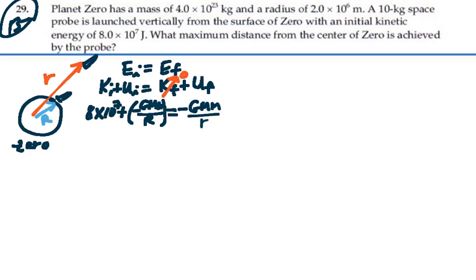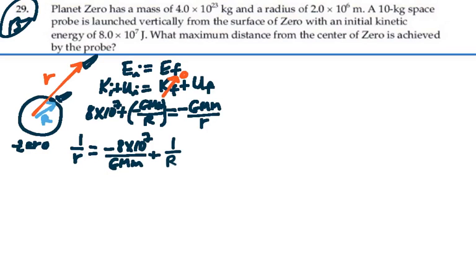Let's divide both sides by GMm and multiply by -1, and so we have 1 over our final distance r is equal to a negative 8 times 10 to the 7 divided by GMm, plus, GMm's cancel out, so that's just 1 over the radius of the planet.